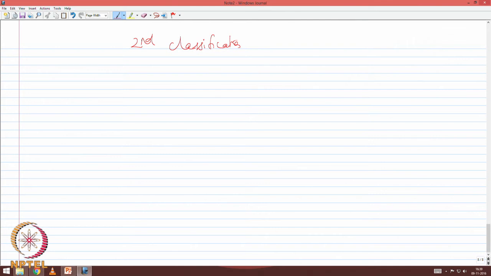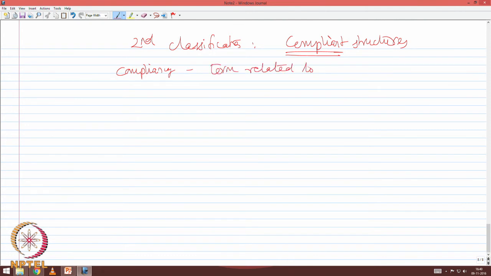So, the second variety of structural form in its novelty was invented. So, the second classification led to compliant structures, please be careful about the spelling. Compliancy is a term related to flexibility.